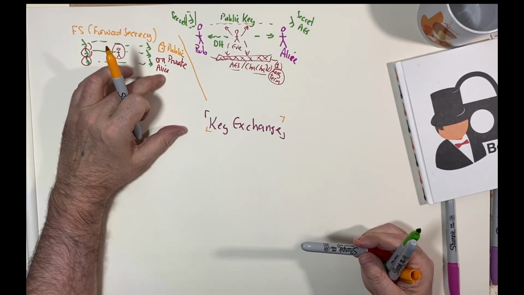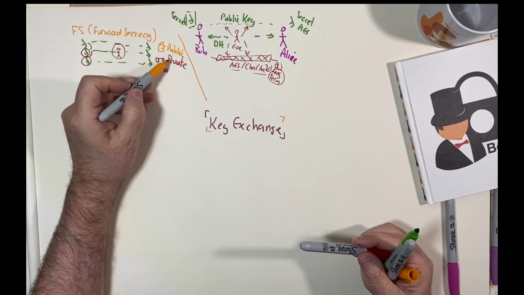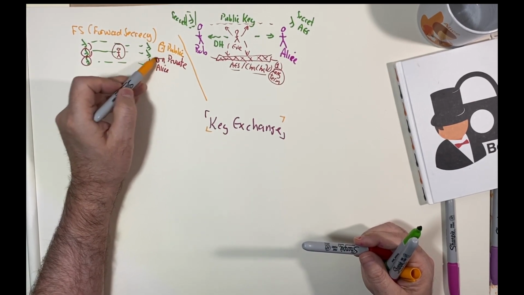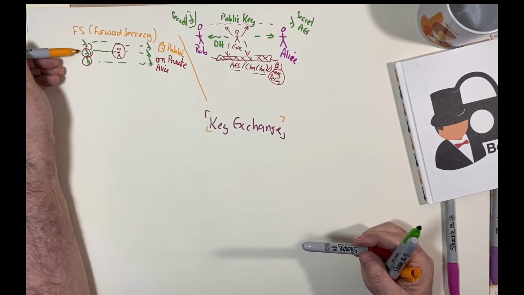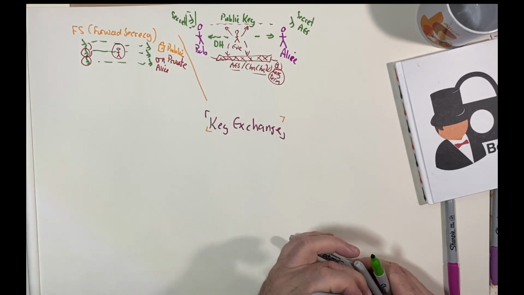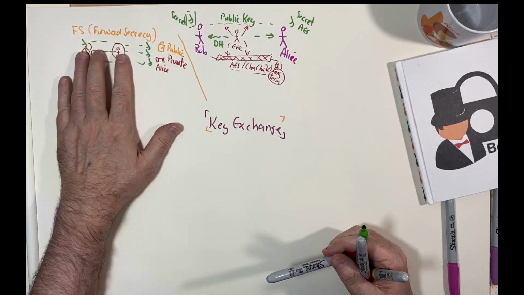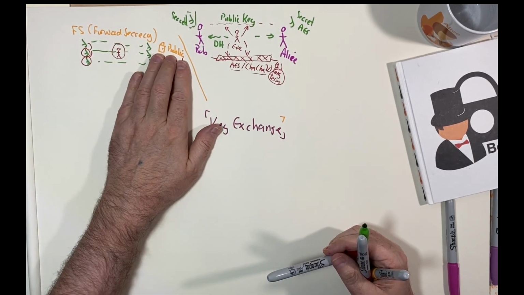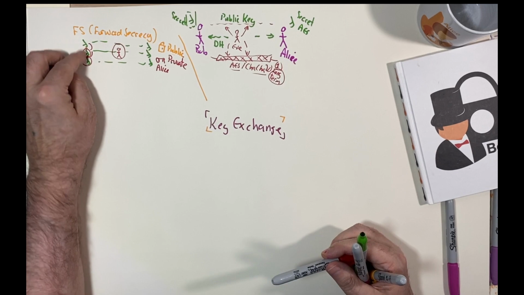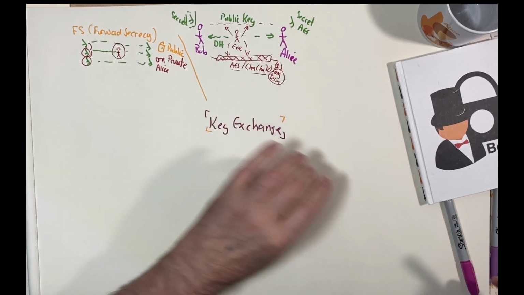So with forward secrecy, Eve eventually has determined Alice's private key and then can reveal the keys that have been used in the past. If we can find the mechanism so that it doesn't matter if this is revealed, none of the keys will be actually revealed in the future.